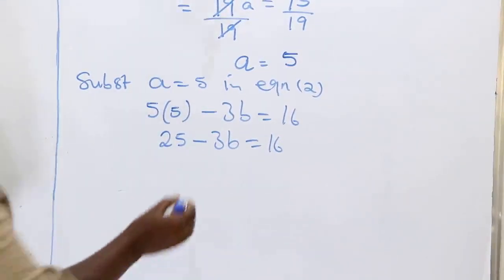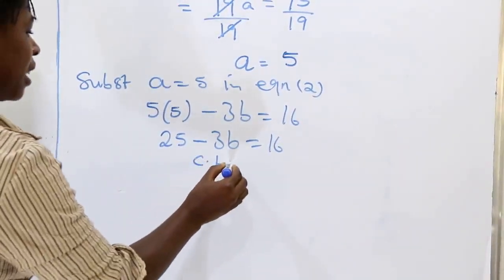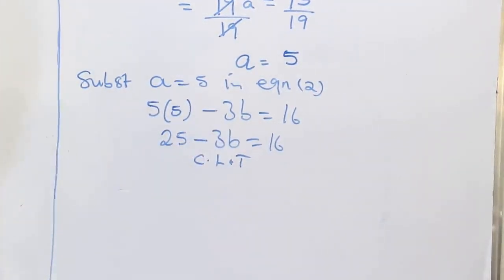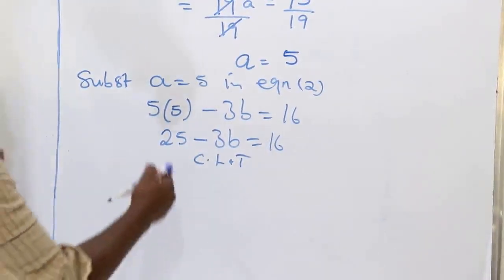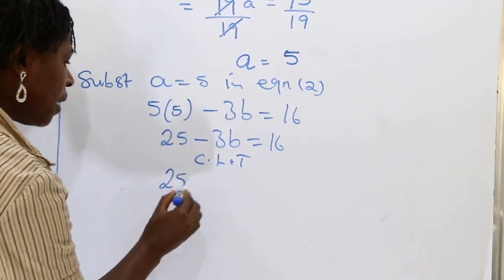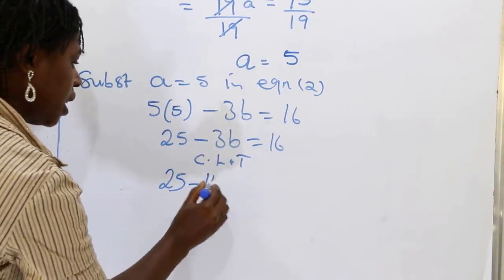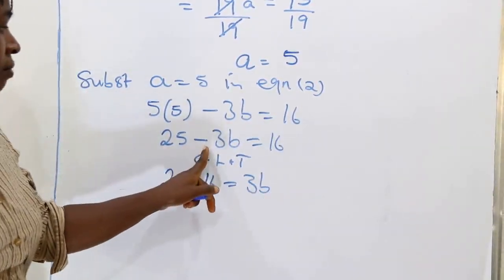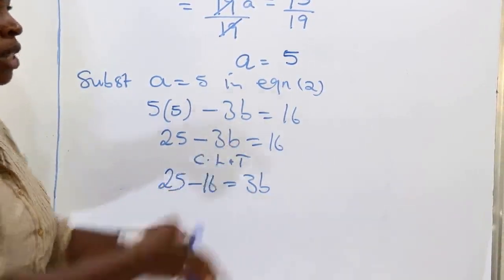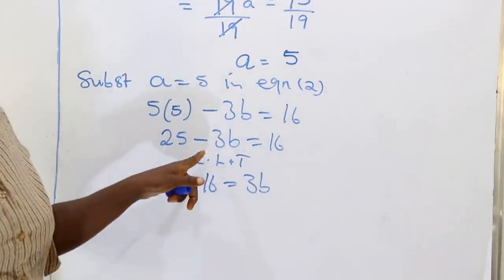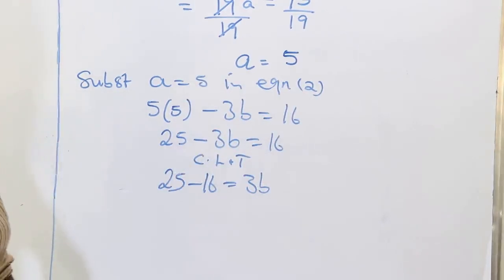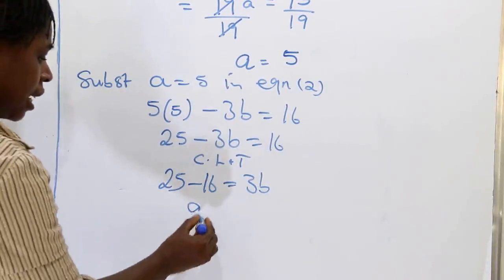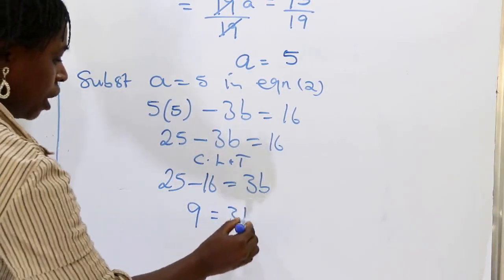So you can collect your like terms. Or we can say subtract 25 from both sides. But then let's collect like terms. So we have 25 minus 16 is equals to 3b. I decided to take minus 3b to the right hand side to clear the negative number. Now 25 minus 16 is 9, which is equals to 3b.